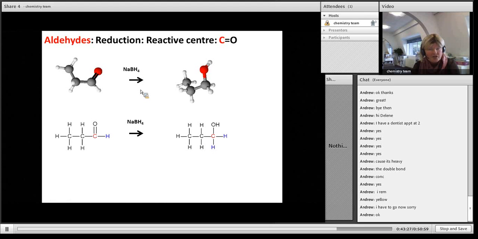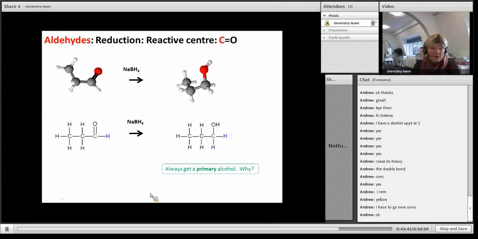So the hydride is H-, so it's rich in electrons, so it will add on to the carbonyl. Okay, and you always get a primary alcohol and not a secondary or tertiary, because obviously the aldehyde is at the end of a chain, so I'm always adding on to a carbon at the end, so it can only be a primary.